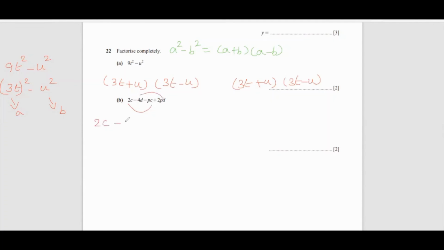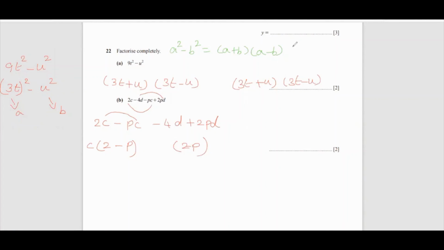Let's rearrange: 2c minus pc, then minus 4d plus 2pd. Look at the first 2 terms. I don't have any common numerical value, but I have the variable c. Let's take c outside. What I have is 2 minus p.